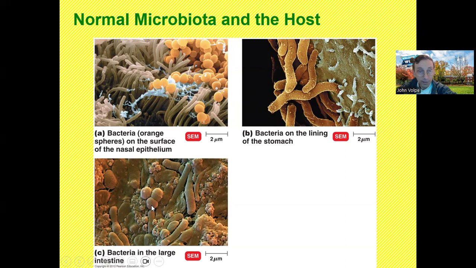It's probably a coccobacillus, just of shorter shape. But those look like cocci. Part of the normal microbiota of the intestine. Like I said, there's tons of normal microbiota in the intestines. I think I mentioned that the wet weight of your feces, about 50% of it is from normal microbiota.